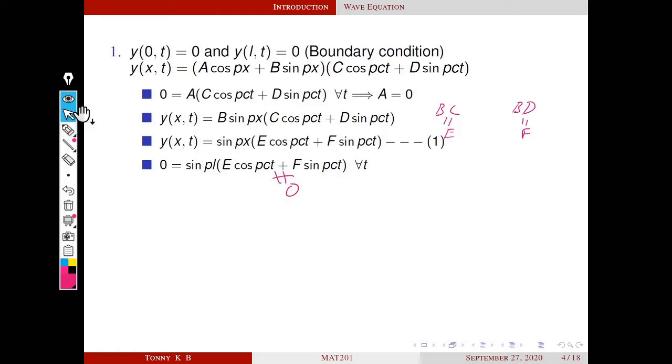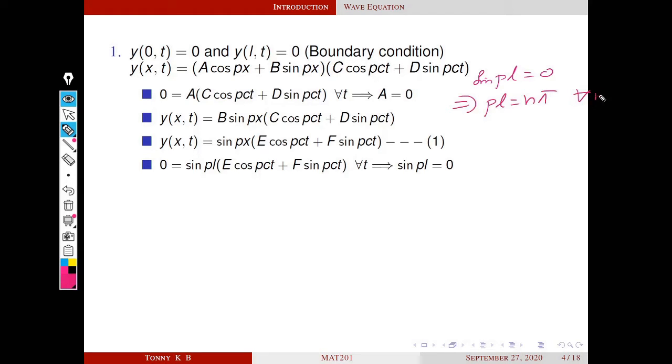So this implies sin pL equals 0. sin pL equal to 0 implies pL equals n pi for all n belongs to Z. Z means the set of all integers. So p equals n pi by L, where n is an integer.